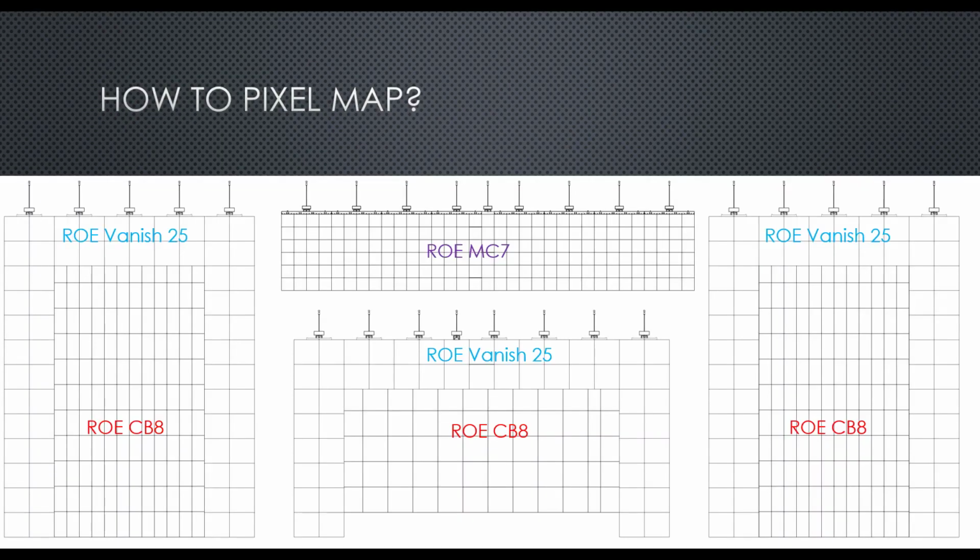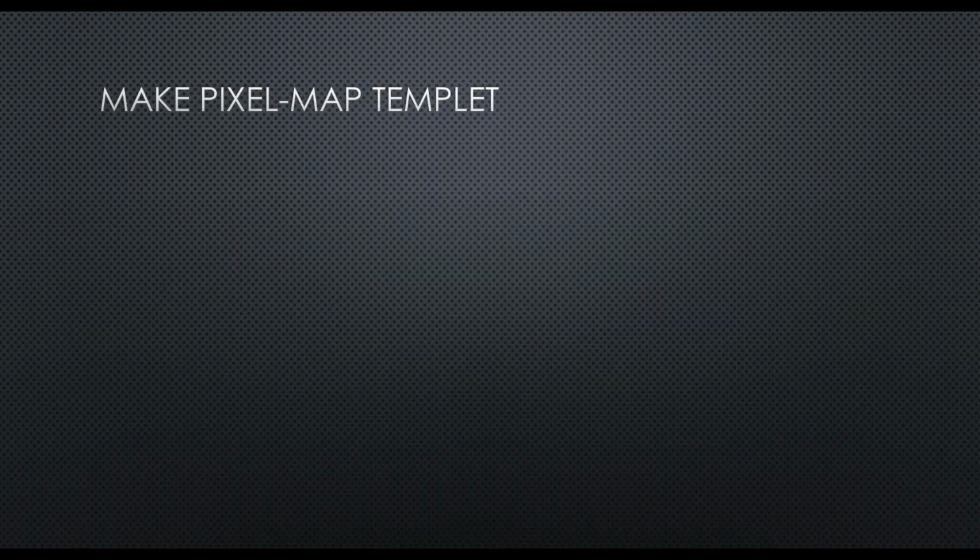Again, let's focus on the stage right LED screens. You have a stage right row of Vanish 25, which is bigger than the row of CB8 screen that's underneath it. However, in a pixel map, it doesn't matter because the pixel map CB8 has more pixels than the 25. This 25mm screen is only 48 by 48 pixels versus CB8, which is 86 by 86.